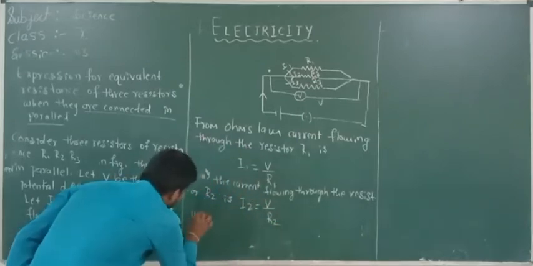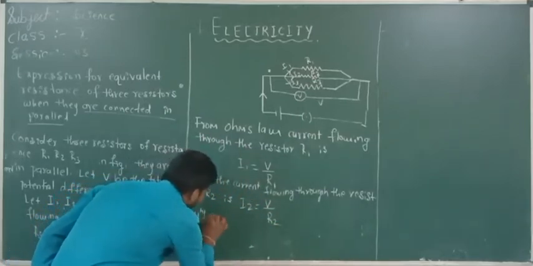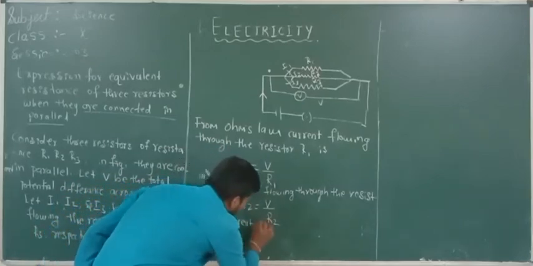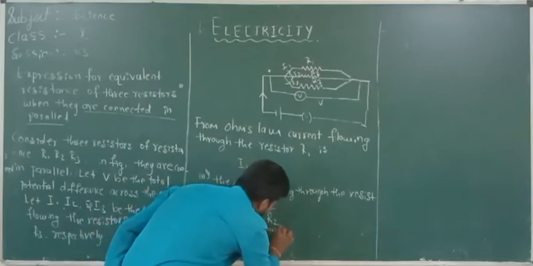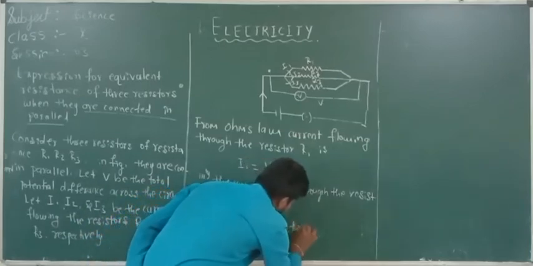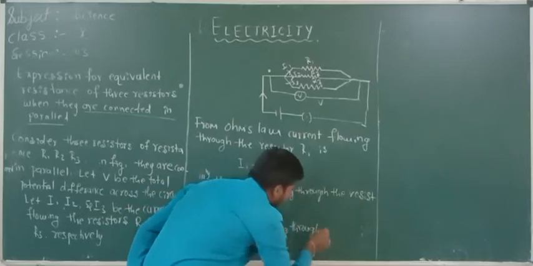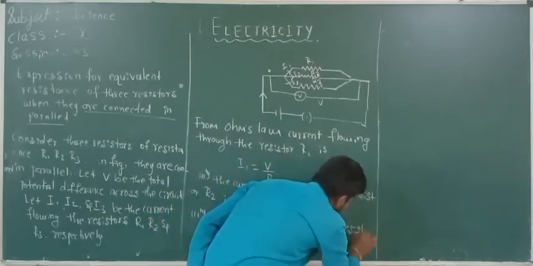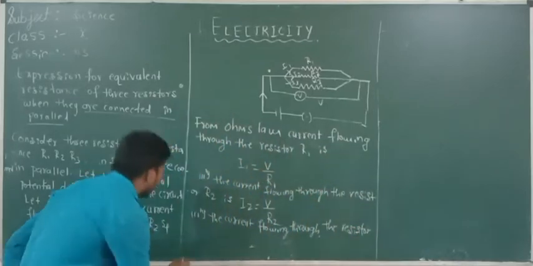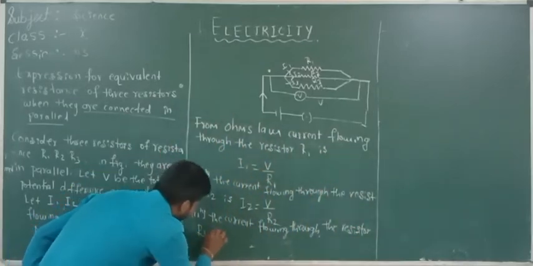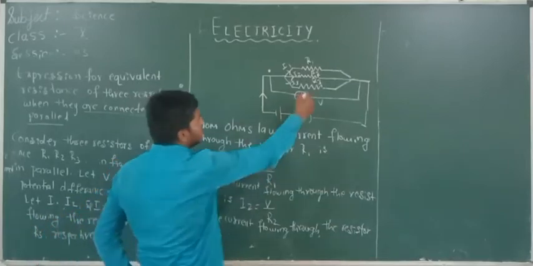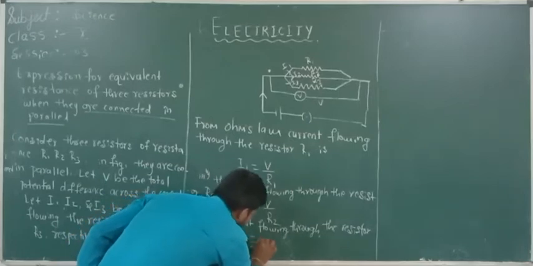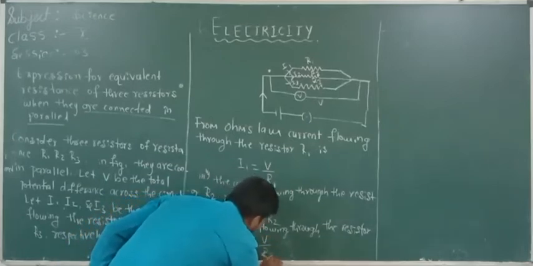Similarly, the current flowing through the resistor R3 is I3 is equal to V by R3.